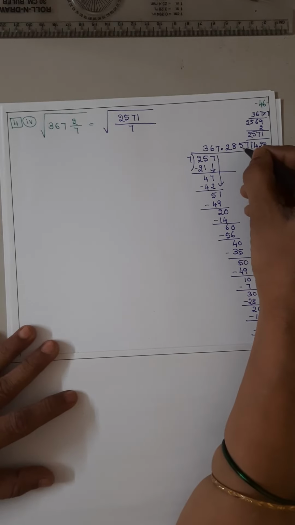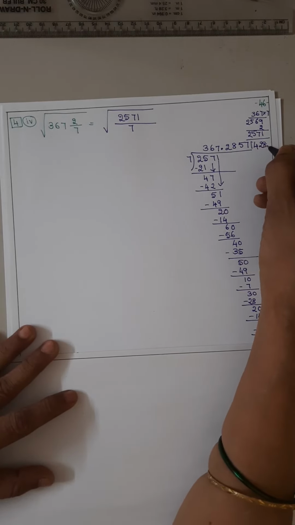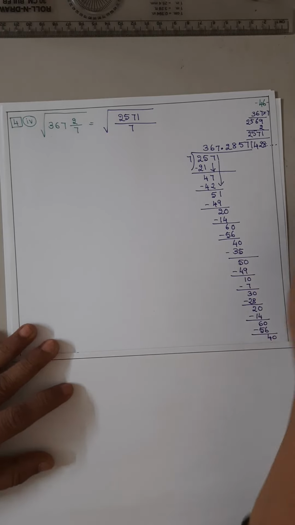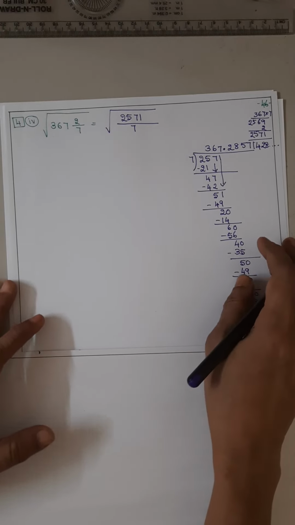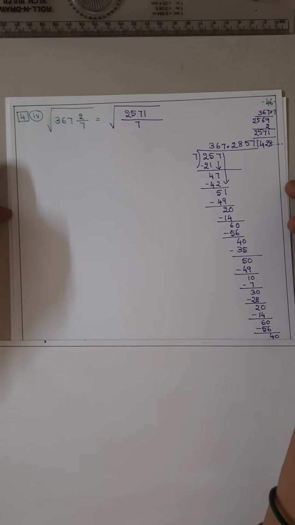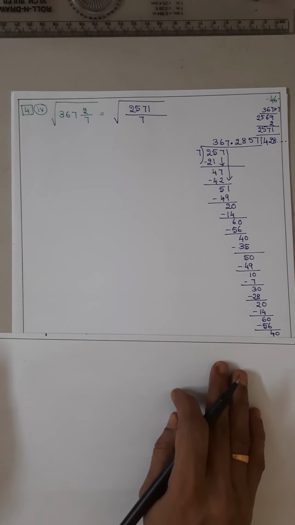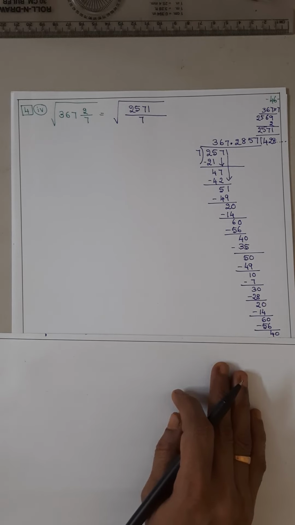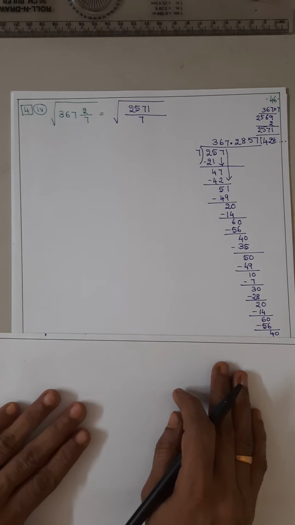So 1 2 3 4 5 6 7 8. It goes on continuing, but we need 6 decimal places. Hope you understood. So we have to divide up to where we get 6 decimal places.